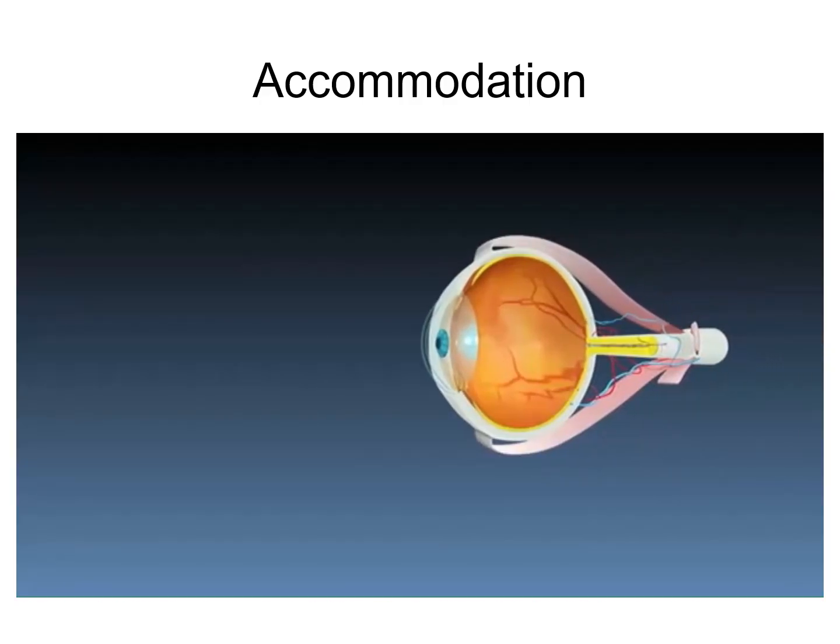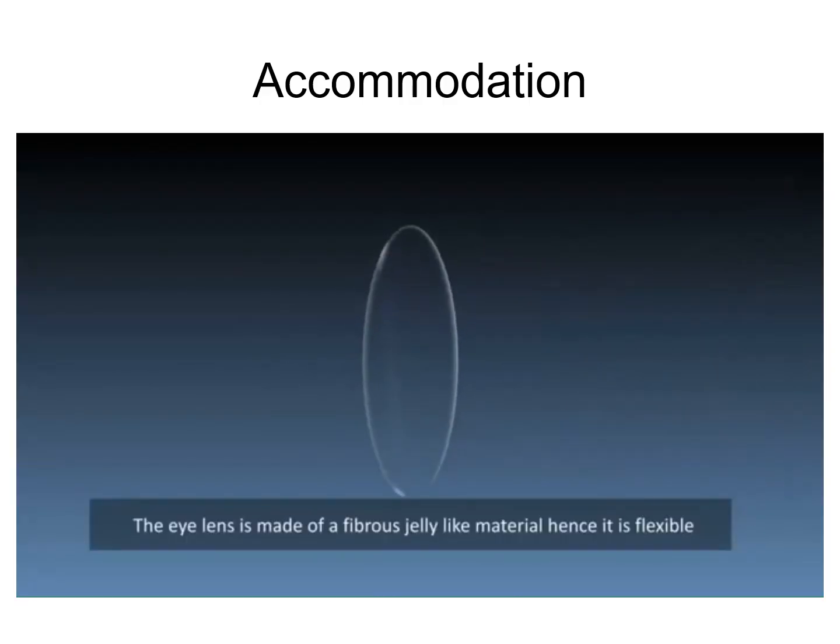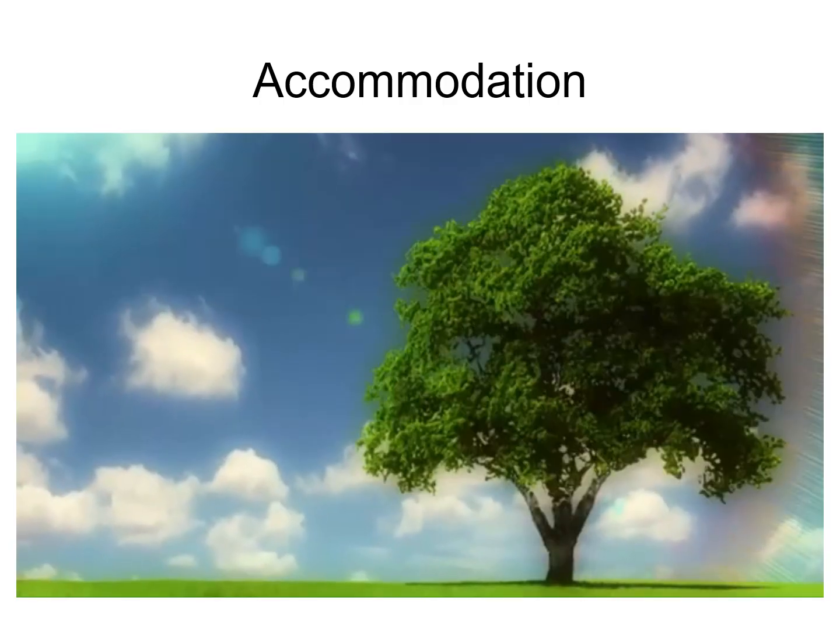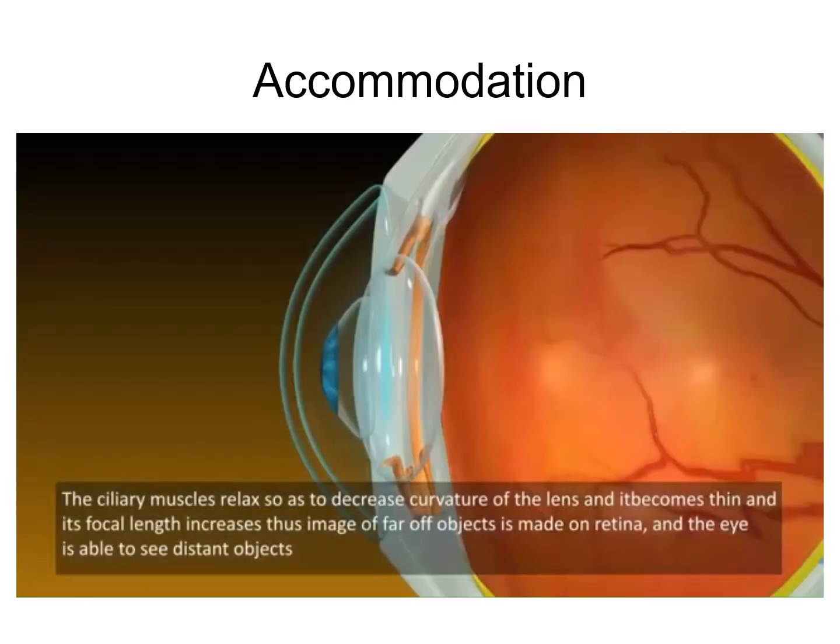Working of the eye lens. The eye lens is made of a fibrous, jelly-like material and hence it is flexible. To see far-off objects clearly, the ciliary muscles relax to decrease the curvature of the lens and it becomes thin and its focal length increases.